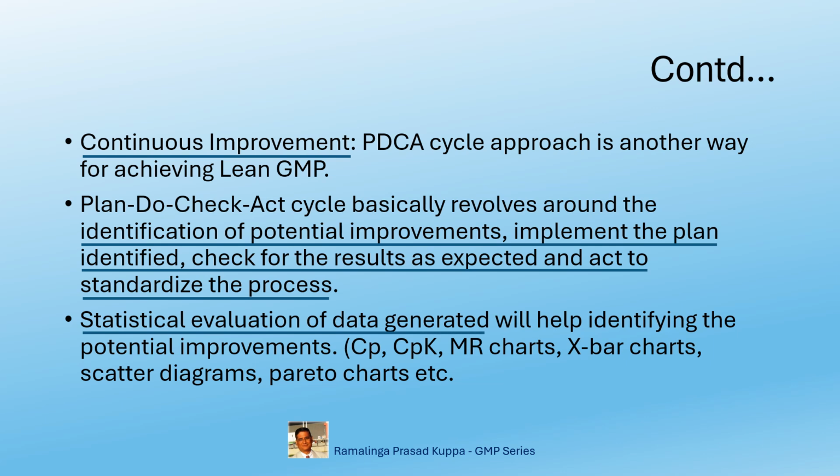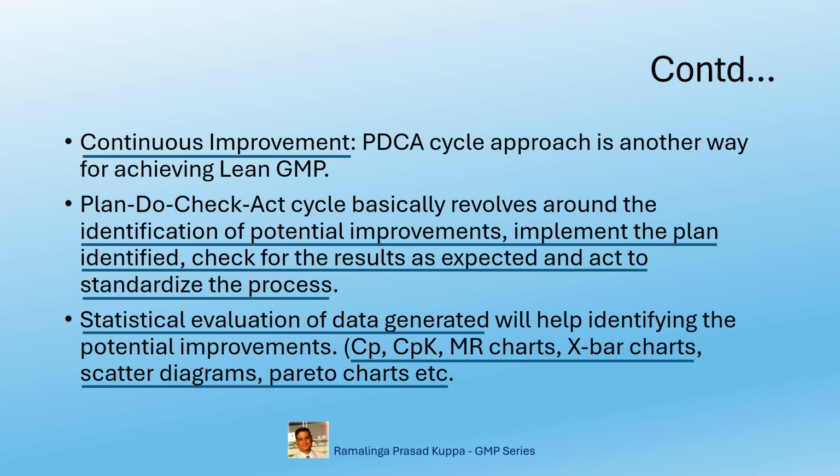Statistical evaluation of data generated will help identifying the potential improvements. CP, CPK, MR charts, X bar charts, scatter diagrams, Pareto charts, etc. This is the most efficient and scientific way of evaluation.